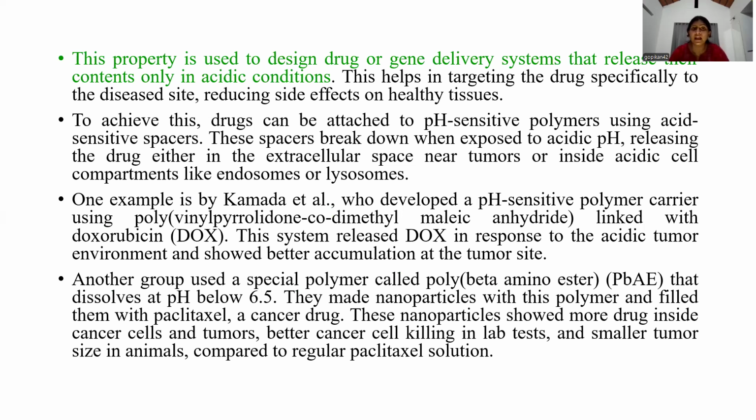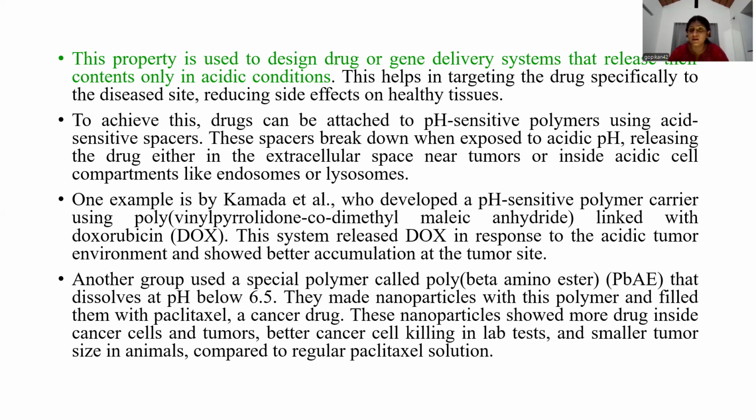So one example is Camara et al., who developed a pH-sensitive polymer carrier using polyvinyl pyrrolidone dimethyl maleic anhydride linked with doxorubicin. The system released doxorubicin in response to the acidic tumor environment, and it showed better accumulation at the tumor site. And another group used a special polymer called poly beta amino ester that dissolves only at pH below 6.5.